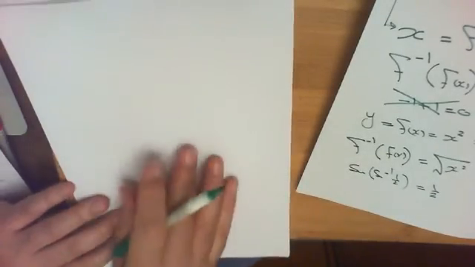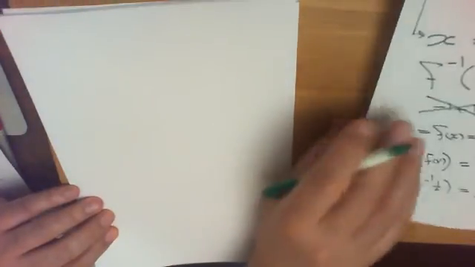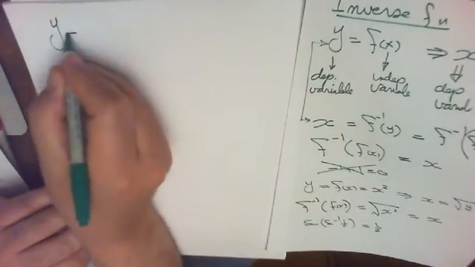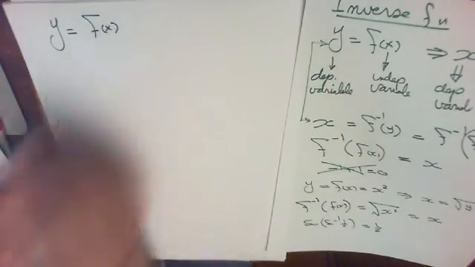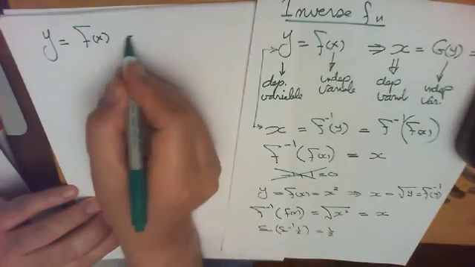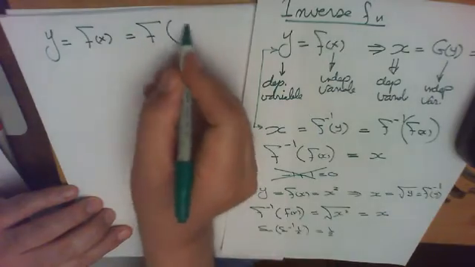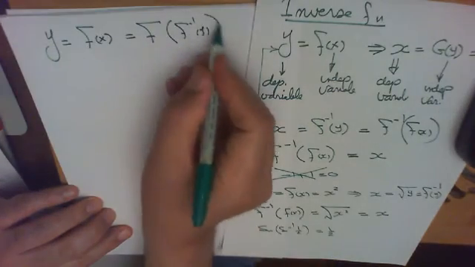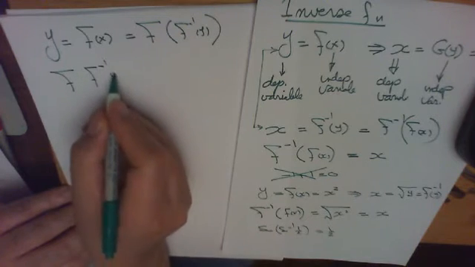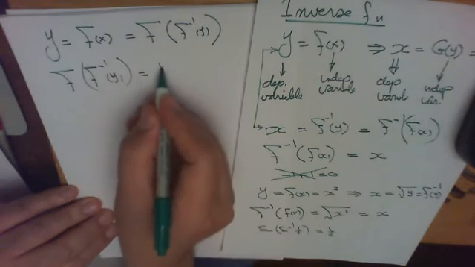Also, as we started with y equals f of x, but x is f minus 1 of y, so f of f minus 1 of y gives us y. That is to say f of f minus 1 of y equals y.